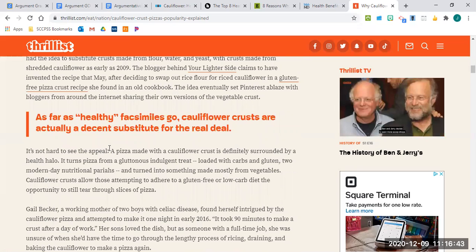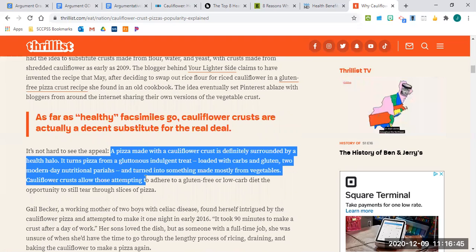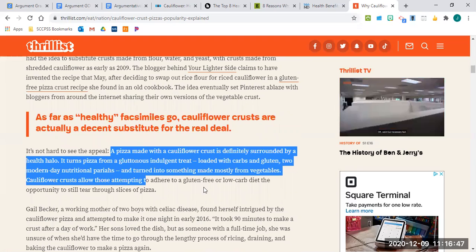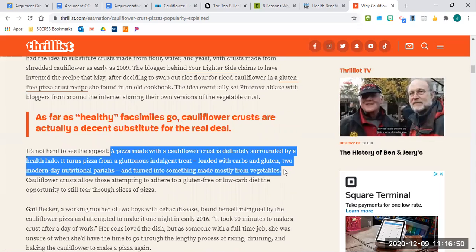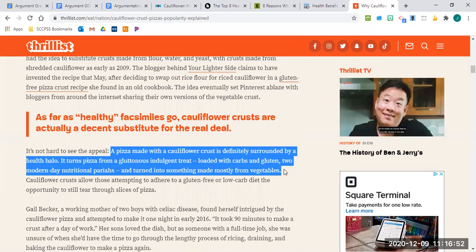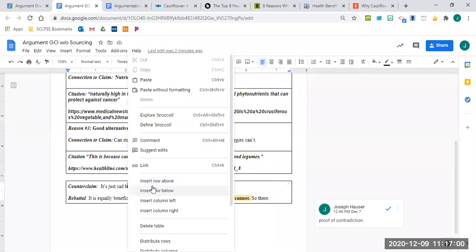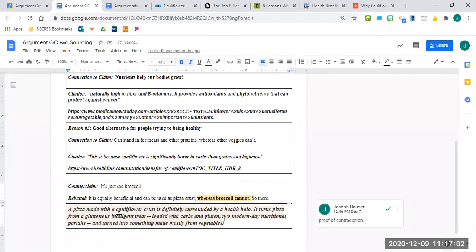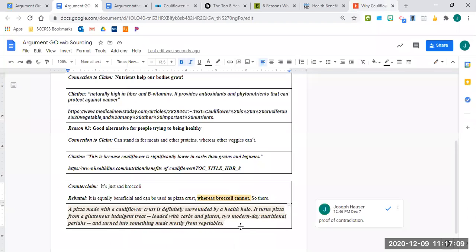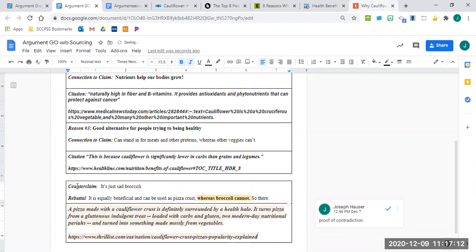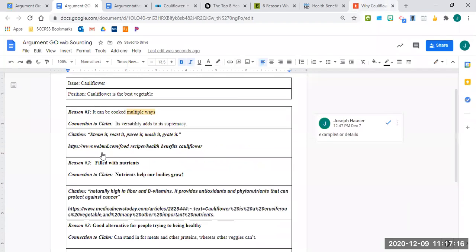Okay, let's just use this. I don't want my quotations to be too long because that's boring. And remember to get the link. Really just copying and pasting. Very good. So there I have everything I need to start writing.